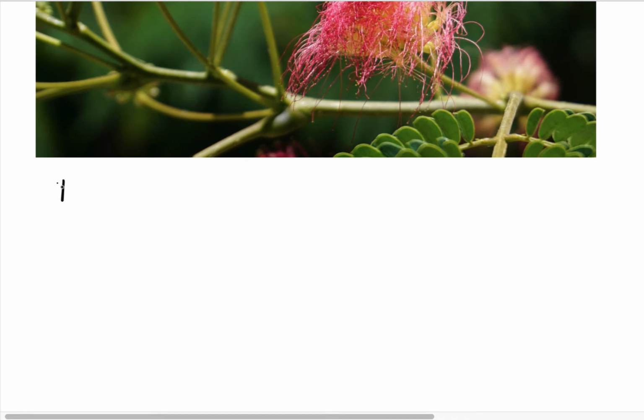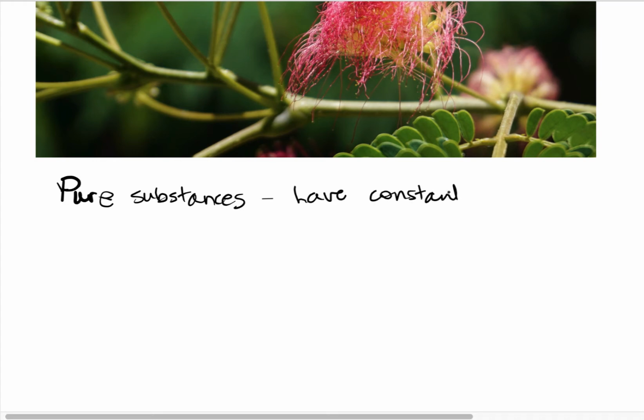So, pure substance: these have constant composition. That means if you take a part of it off and you do stuff to it, if you melt it, if you change its phase, it's going to stay having the same composition.